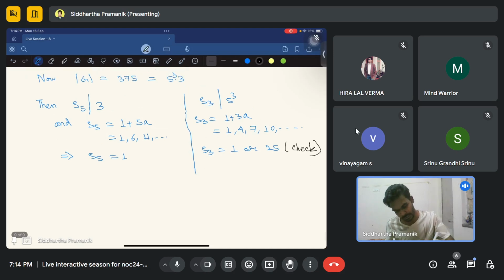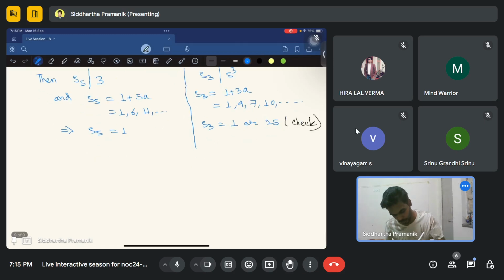So we have two cases. One is S3 is 1 and the other is S3 is 25. So case 1, S3 is 1. Then G has a unique Sylow 3-subgroup.